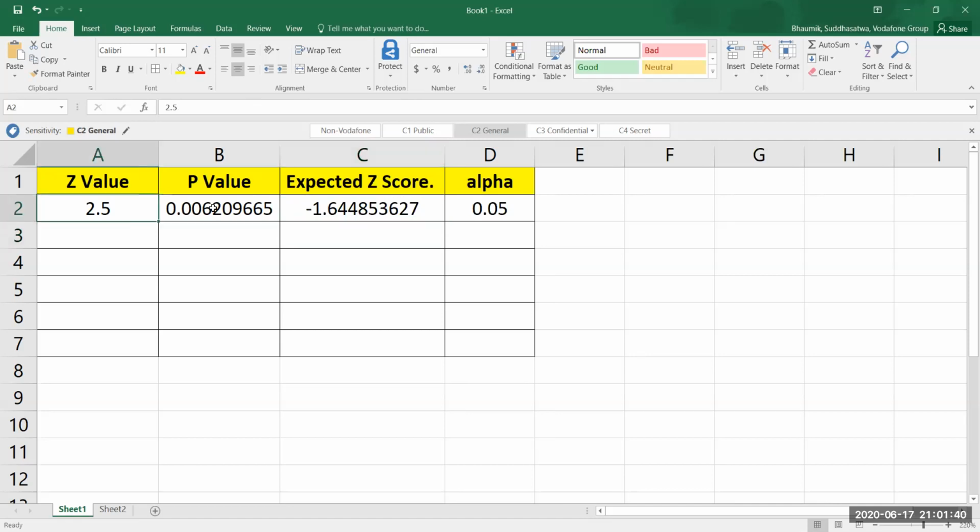Why? Because I don't know how these two are going to relate. Hence, I'm going to open something which is known as the Z table. And this is where, as I said, I use the Z value to do a direct calculation without looking at the P value. Here I'm not really looking at the P value. I've simply inputted 0.05, which is my alpha, because my confidence interval is 95%.